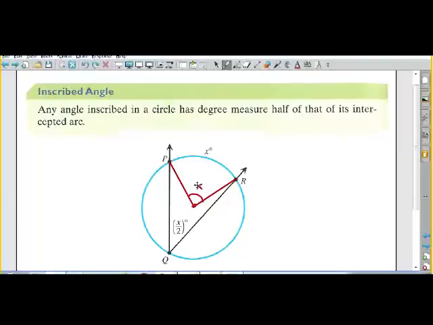This is the inscribed angle. So this angle has a measure of X. So let's just, as an example, that looks about 80 degrees. This angle is slightly less than 90 degrees. So this angle is 80, and therefore the rule says that the inscribed angle is half of the intercepted arc.